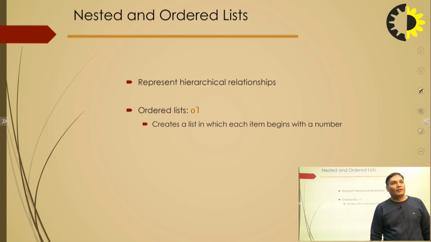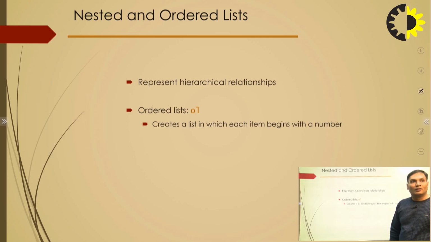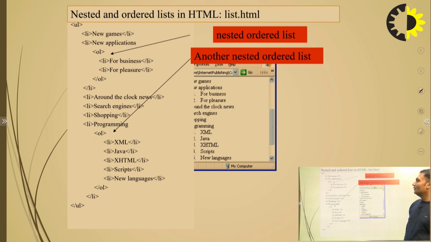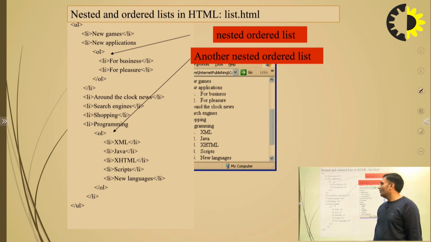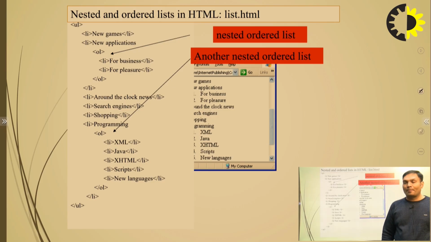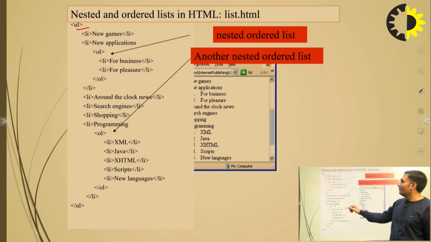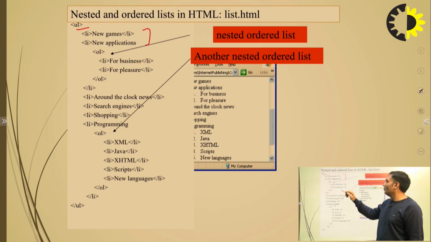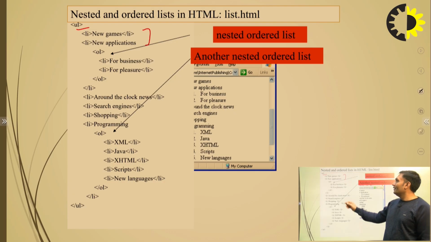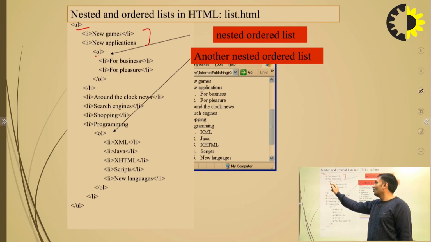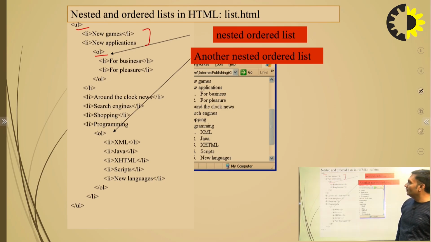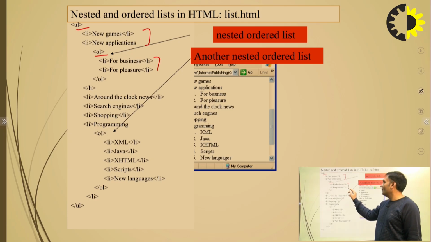Nested and ordered list. If we want to create an ordered list with numbers, then we can use the ol tag. This is the example of creating the ol tag. Here we are taking an unordered list with 2 elements. Then inside the unordered list there is an ordered list, and this ordered list contains 2 elements.